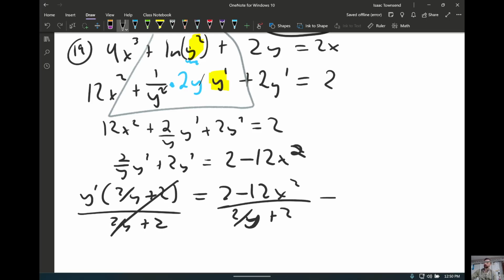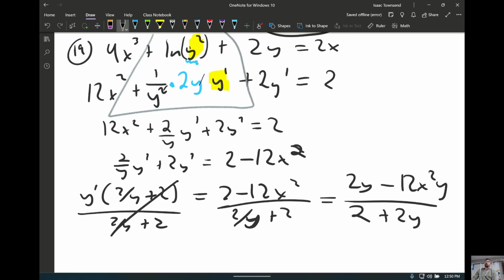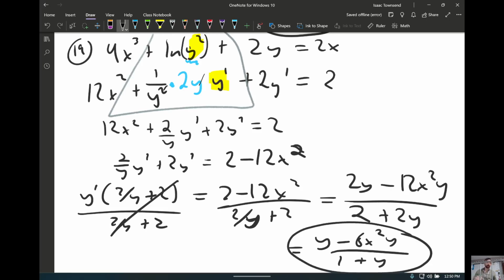This complex fraction, we're going to multiply this guy by y, which means every term needs to be multiplied by y. Also, I see that if I factored out a 2 from the top and a 2 from the bottom, the 2's could cancel, or you can just divide everything by 2. And that's what I would think the answer probably looks like.